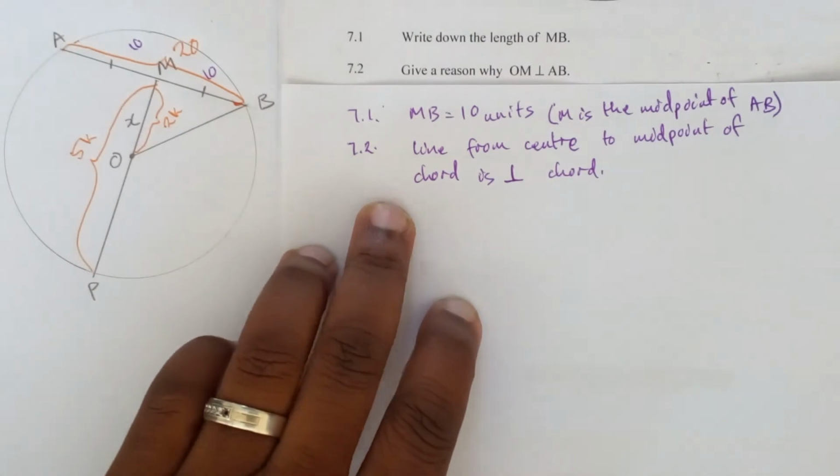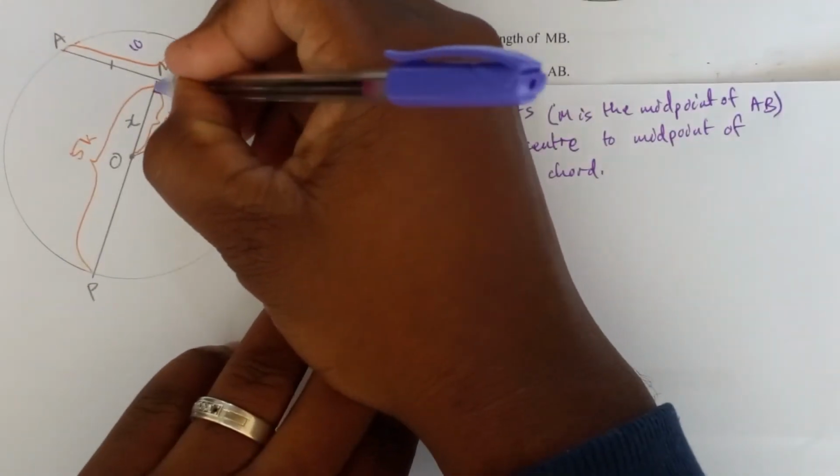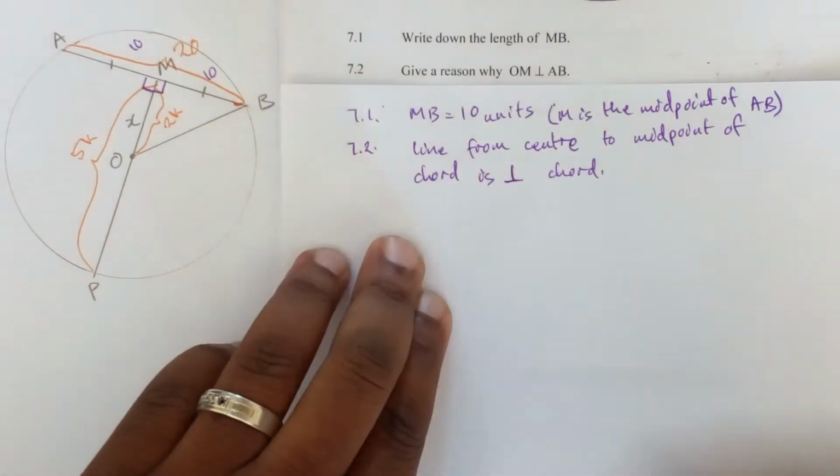That's the theorem we learned about. So that's why this would become 90 degrees, and if this is 90 degrees, that's also 90 degrees.